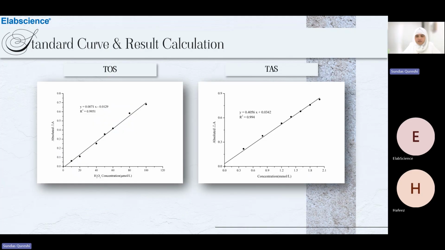Okay, when we analyze the TOS and TAS results, we rely on the standard curves to translate the absorbance readings into a meaningful concentration. For TOS, as I have just mentioned, the sample is read at an absorbance of 590 and compared to the curve, which is generated from known hydrogen peroxide equivalents. For TAS, absorbance is read at 660 to 670 nanometers, referenced against a Trolox standard curve.